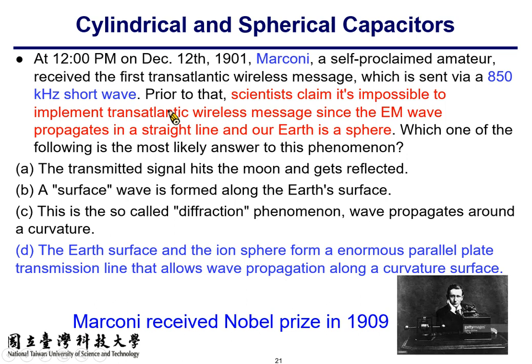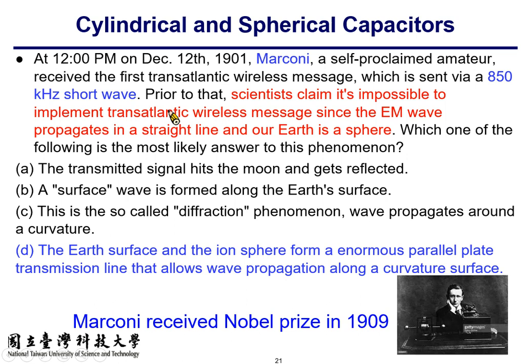So that's the first transatlantic transmission. The carrier frequency is a little bit less than 1 megahertz, that is 850 kilohertz, which is referred to as the shortwave.